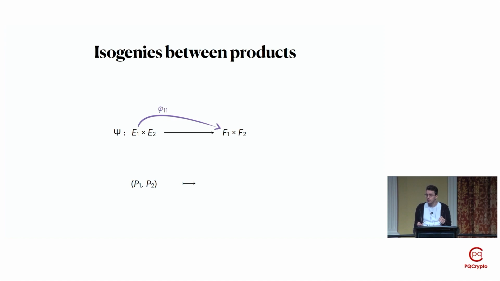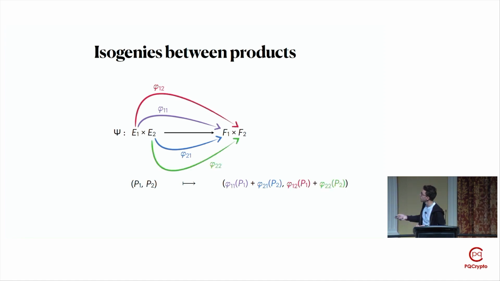Indeed, if you have an isogeny phi11 that goes from E1 to F1, you could send P1, P2 to phi11 of P1, and then something else for the other component. If you have another isogeny that goes from the second component, E2, still to F1, you could add them together. And now if you have other isogenies that go to F2 instead of F1, you could have them here.